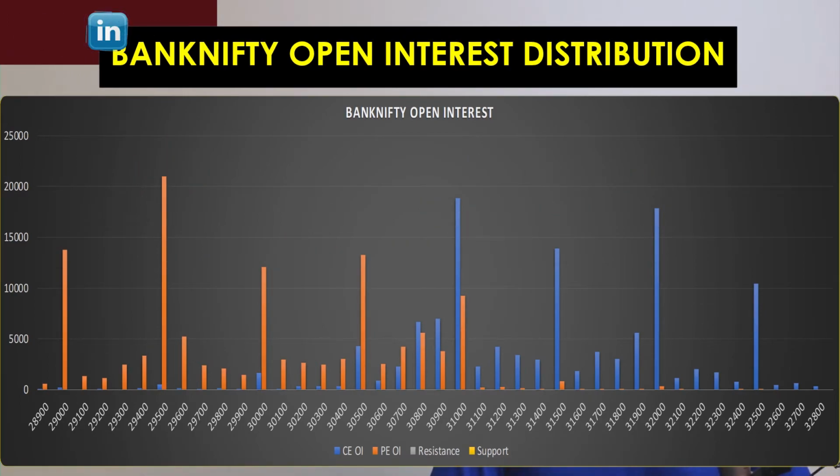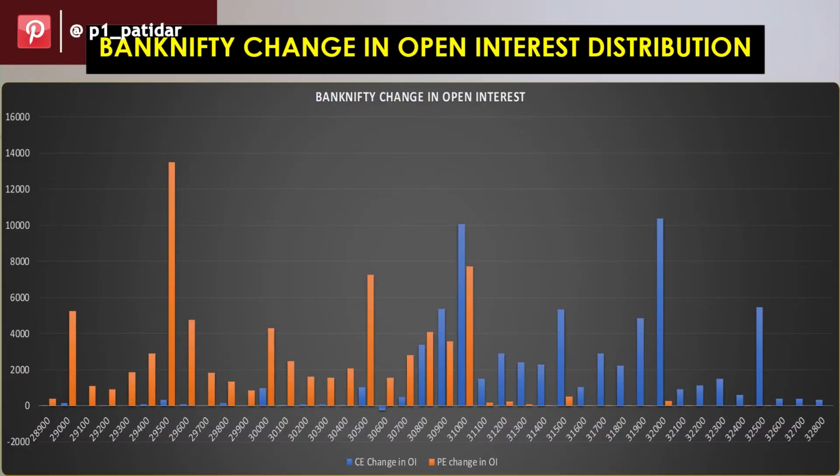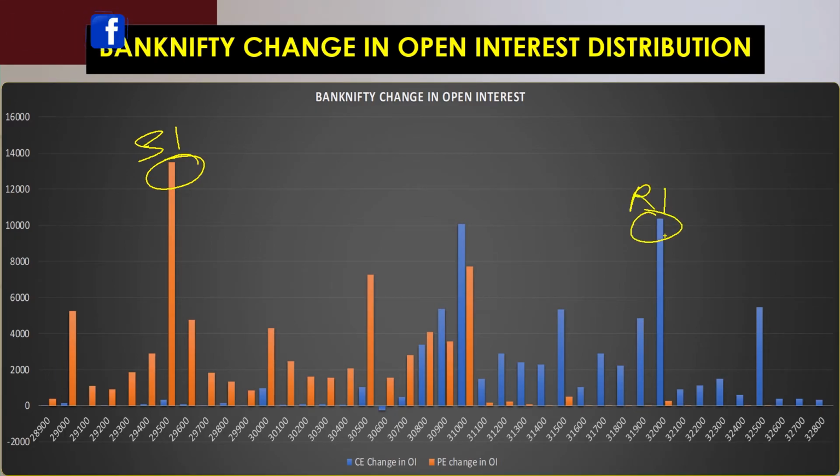Now let's do the analysis of change in open interest in Bank Nifty, and we'll find out support and resistance based on this analysis. Support is at 29,500 and resistance is at 32,000. So the majority of the open interest contracts are at 32,000 in today's market, but people have started making new contract positions of selling at 31,000 as well.